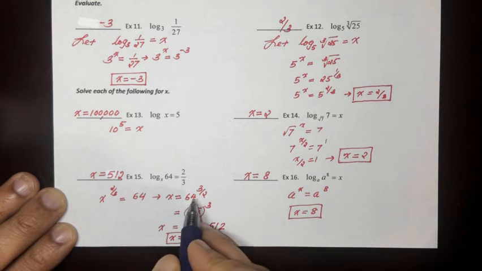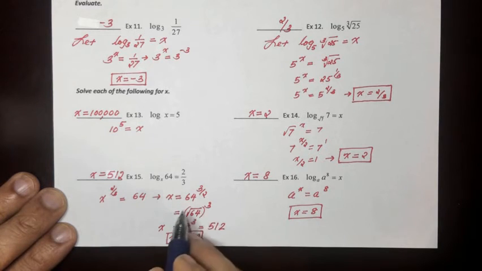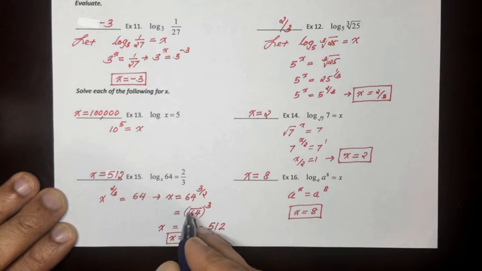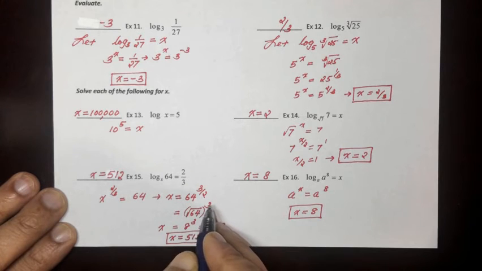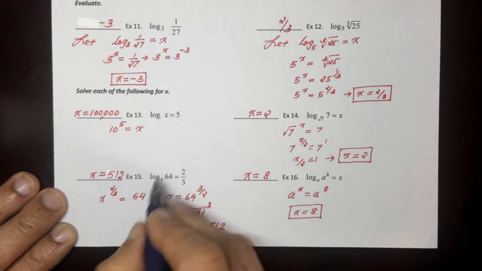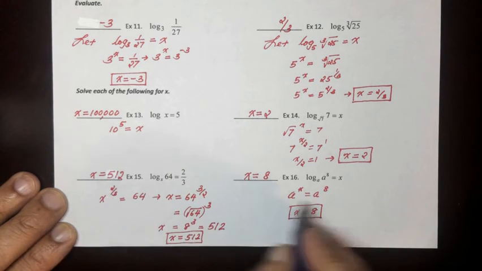So x is equal to 64 to the power of 3 over 2. And 64 to the power of 1/2 is nothing more but a radical. So radical 64 is 8, and 8 to the power of 3 is 512. So the solution for this equation right here is x is equal to 512.